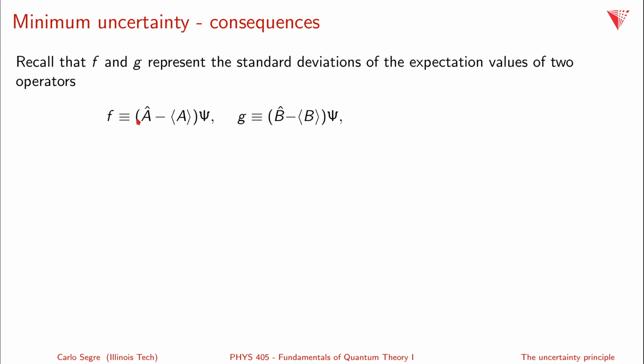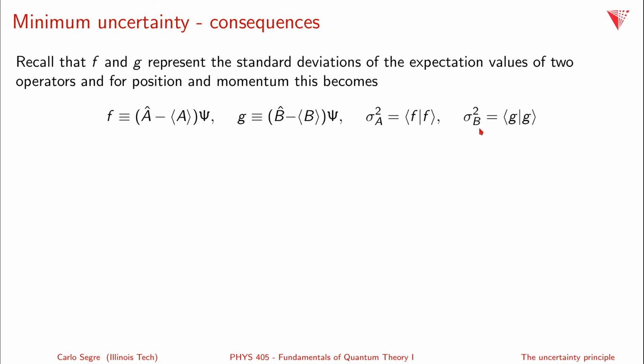Remember, f was a minus the expectation value of a applied to psi, and g was b minus the expectation value of b applied to psi. And so sigma sub a squared is equal to f inner product with f. Sigma sub b squared is g inner product with g. And for position momentum, this becomes the following.